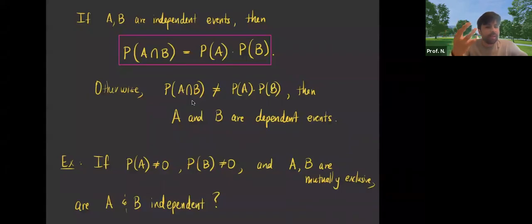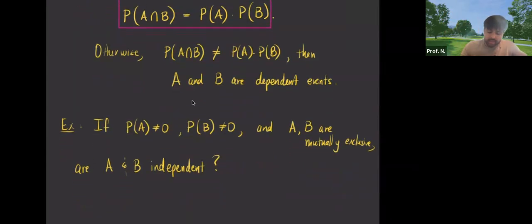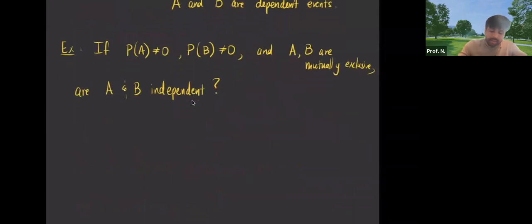So even though this is a simple definition, it kind of makes you think, wait, what do you mean? What do you mean if I do this, that they're independent? Well, let's just look at this from the perspective of mutually exclusive events, since this is what we started with. If we have two events that are mutually exclusive, are they independent of one another?